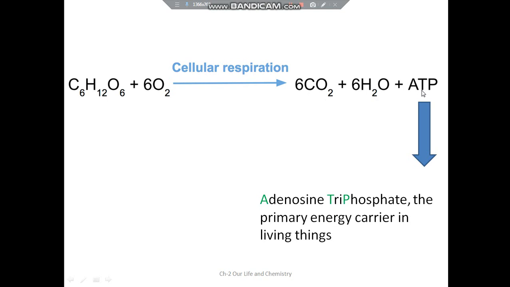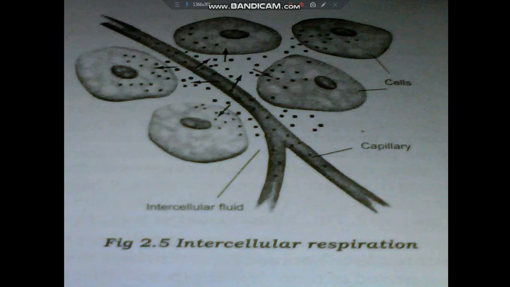This ATP is the primary energy which we, the living beings, require. Now this cellular respiration is a form of oxidation. Oxidation in living cells is taking place at a very slow rate as compared to the oxidation that happens when something is burning.